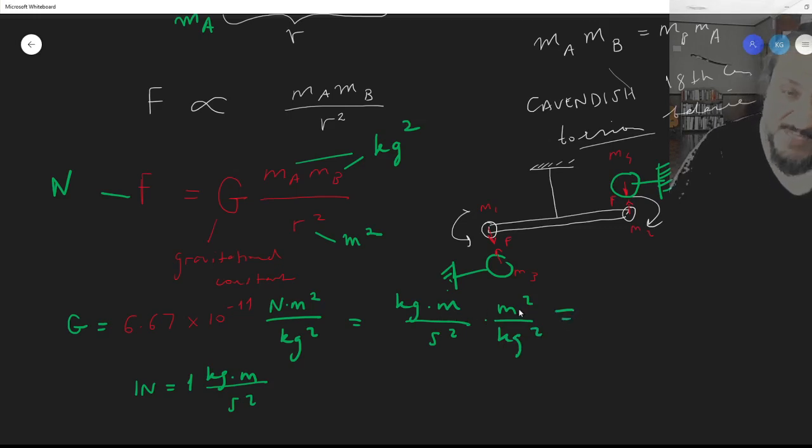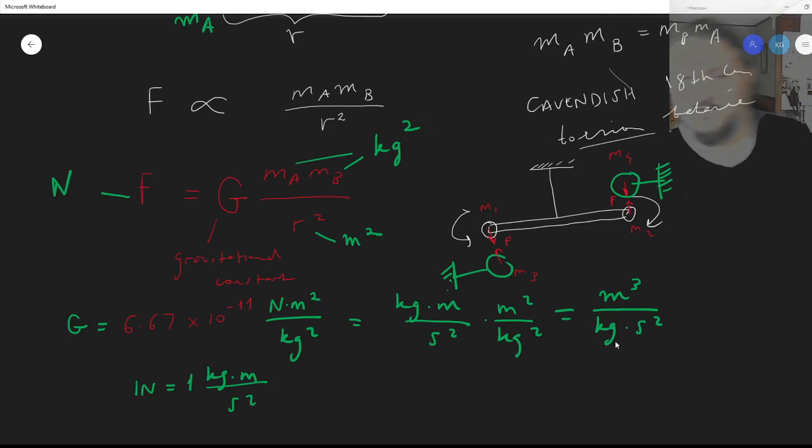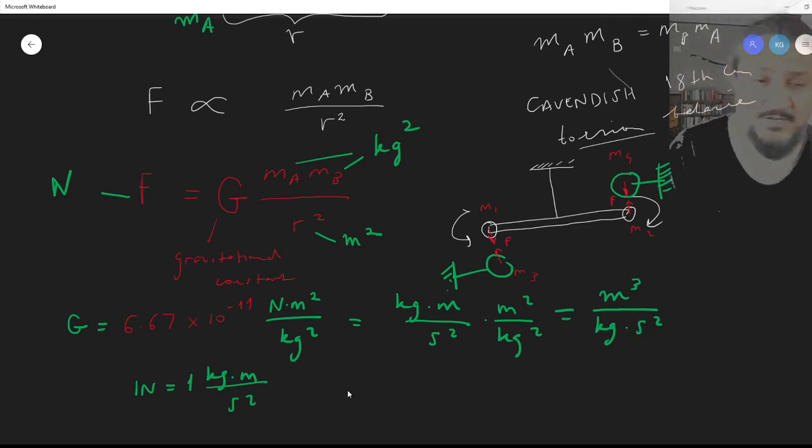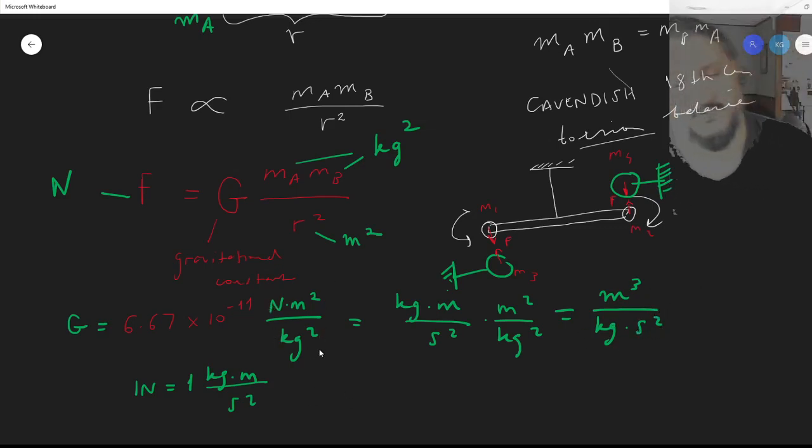So meters times meters squared gives you meter cubed, and then kilograms divided by kilogram squared, you have kilogram and then second squared. If I didn't mess it up, there's an alternative way of describing the unit. Either use Newton meter squared per kilogram squared or this.